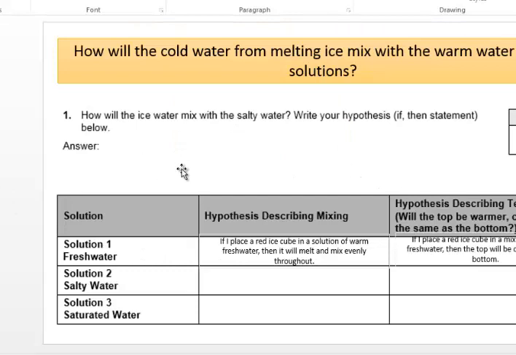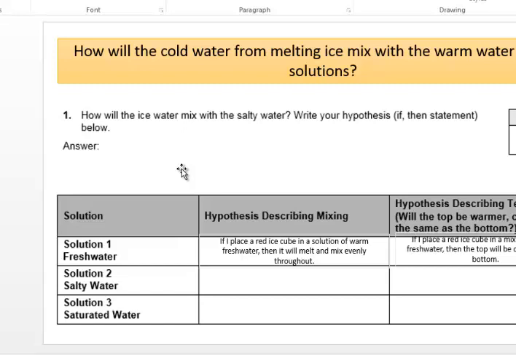So now we're on to that part of making our hypothesis. So what's going to happen to the cold red water as it melts through the different solutions? Now we know that density changes when we add salt to a solution. So we know that there's going to be a density variance between that fresh water, the salty water, and the saturated water.